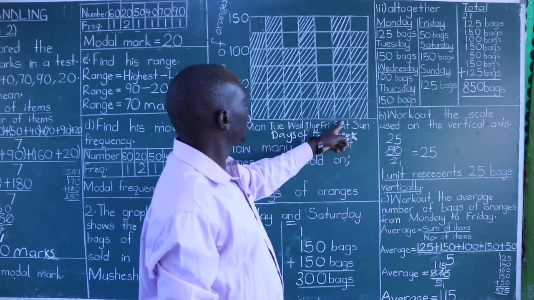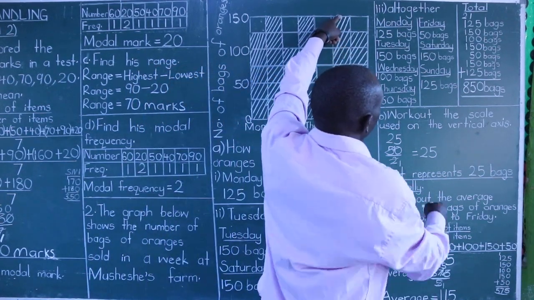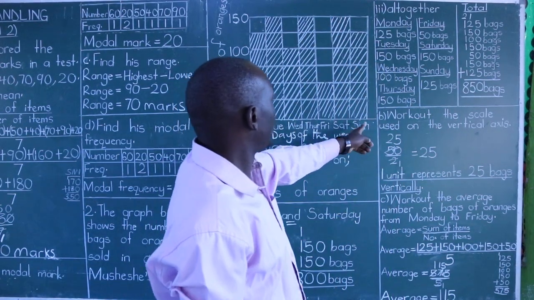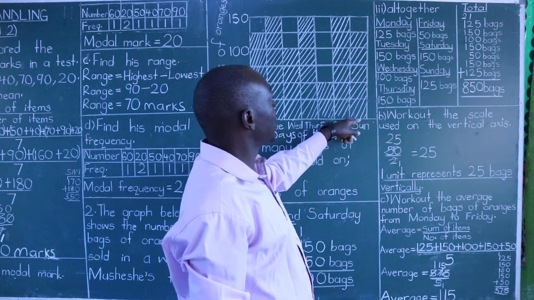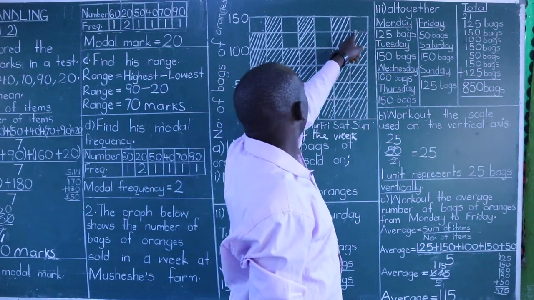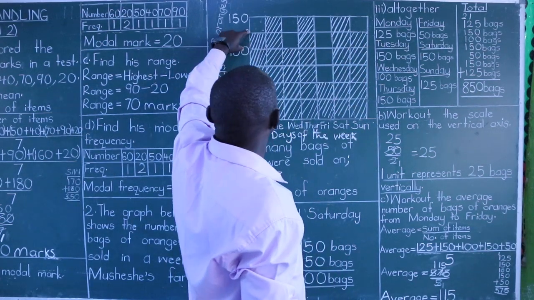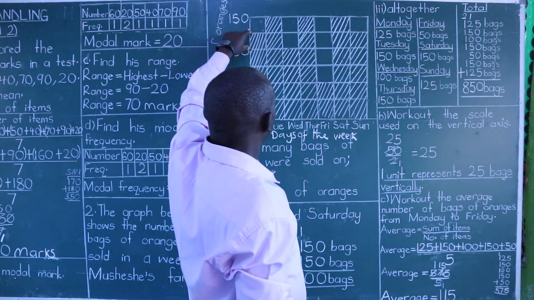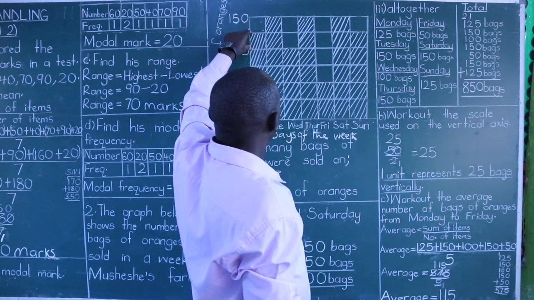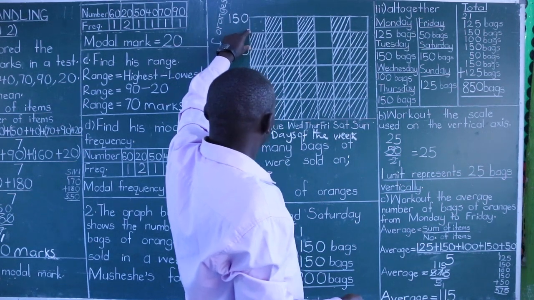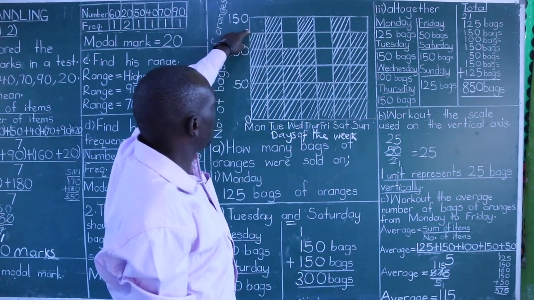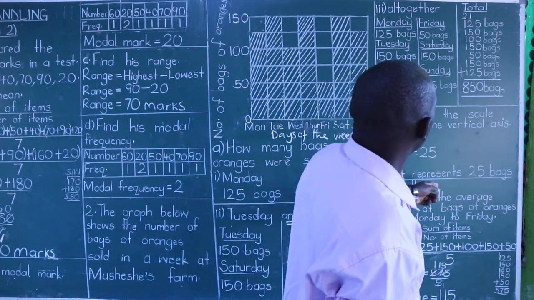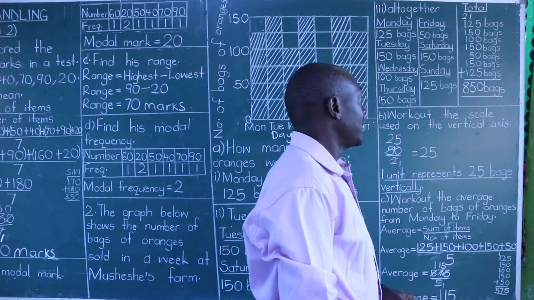Then Saturday, it is 150 again. 150 bags were sold on Saturday. Then the last sale was realized on Sunday. And therefore go to that line. That's 1 line beyond 100, and that bar or 1 square is equivalent to 25. So that's 100 plus 25. So Sunday it's 125 bags that were sold.